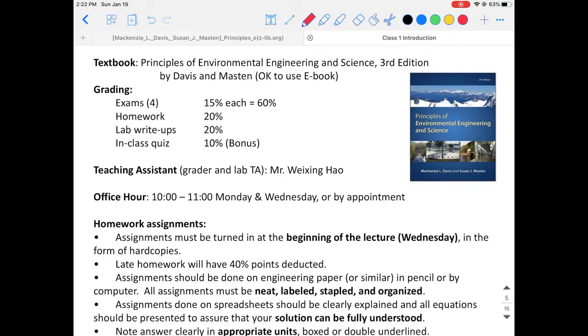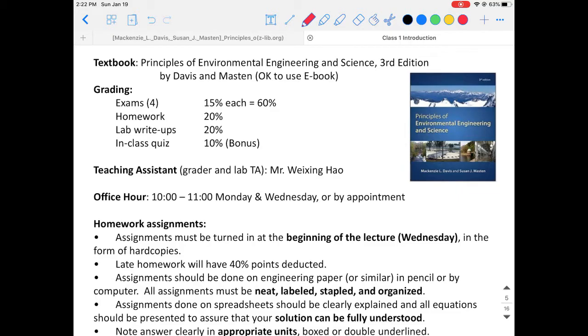The teaching assistant for this class is going to be Mr. Wei Xinghao. He's also a PhD student in my lab. He's going to be the grader and also the lab TA for the class. If you have any questions, you can contact me or Wei Xing, and we're happy to help you.